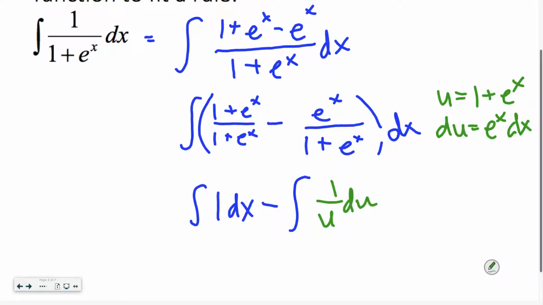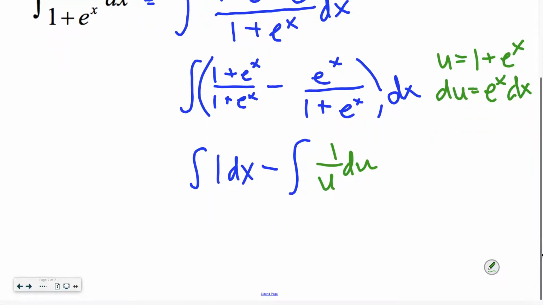Okay, so now antiderivative of x. Antiderivative of 1. That's the second time I've given the answer in my question instead of asking my question today.